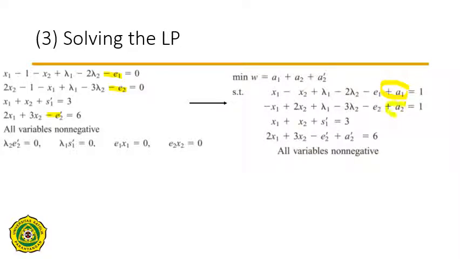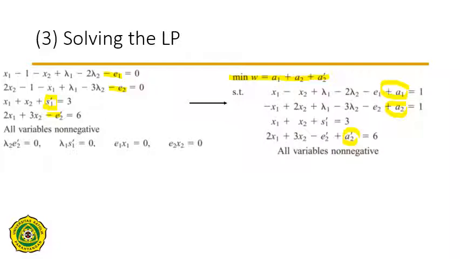So we have A1, A2, and A2 prime. But if we have a slack variable like this, we do not need to add artificial variables. Once we have the artificial variables, we define the phase 1 objective function: minimize the sum of all artificial variables.